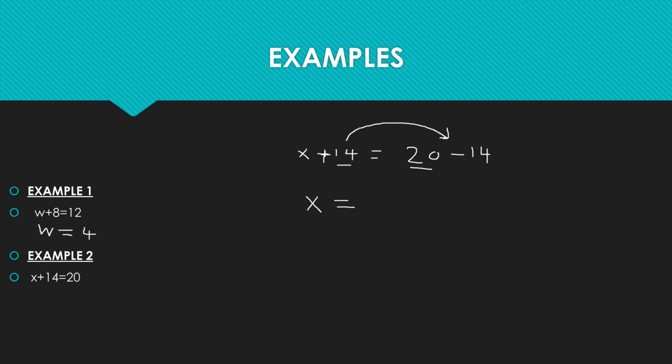You take away this one. 20 minus 14. The correct answer is 6. So x plus 14 equals 20. If you work out that question, x is equal to 6, that is the final answer. Let us move to the next examples.